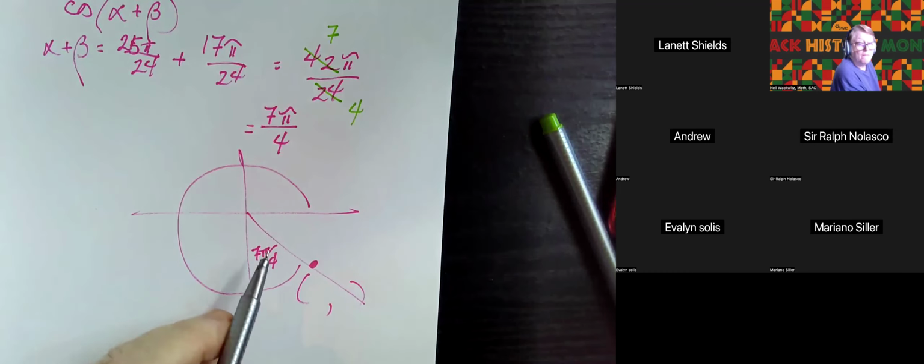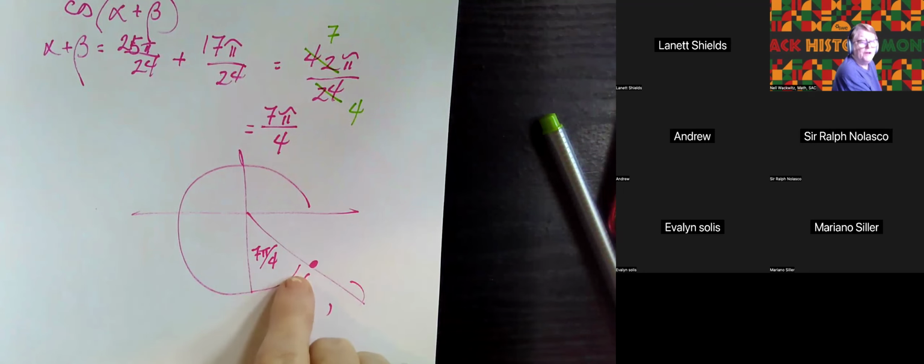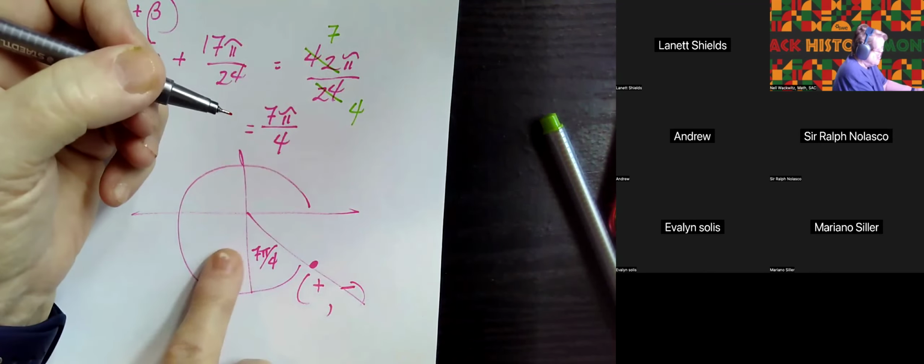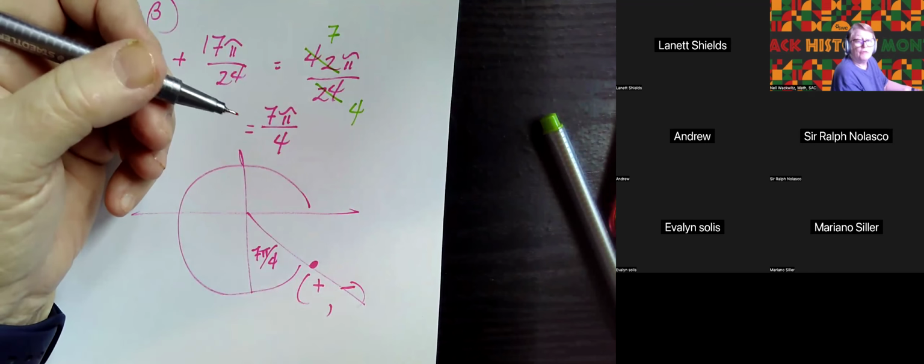Sorry, could you say that one more time? Sure. Does cosine have a positive coordinate or a negative coordinate in quadrant 4? Positive. That's right.